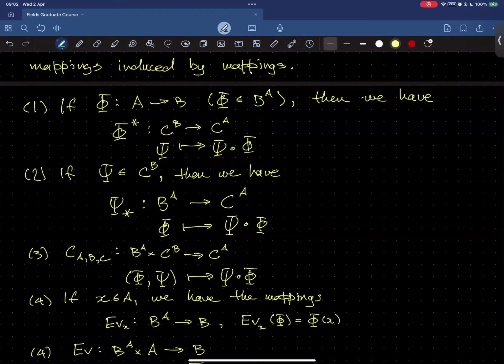Okay, and it's, I think, helpful to just sort of write everything in a little sequence here, like this. And then so this is composition on the right. Okay, so psi is the variable in this equation, and the composition with phi is on the right.